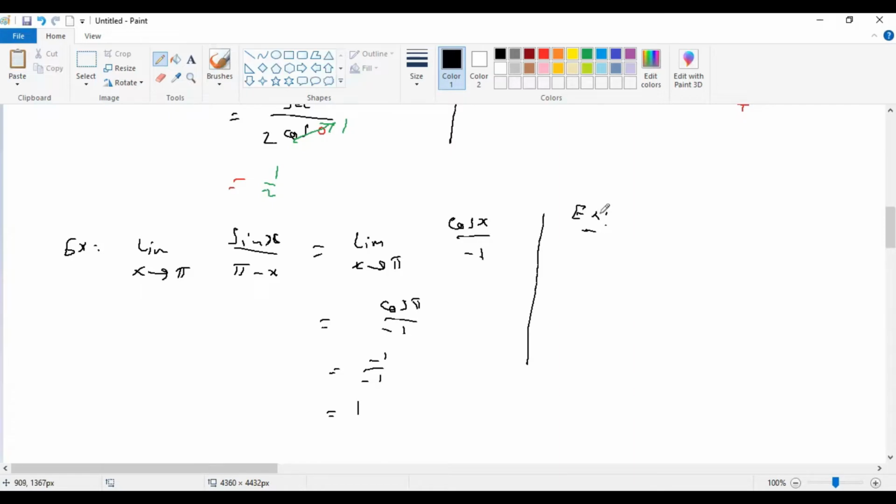To find the limit as theta approaches 0 of 15 multiplied by sine theta minus theta, over theta cube.